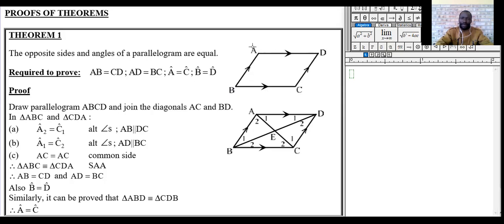Also, if AB equals DC, then they are also congruent, meaning they are equal in length. Now, we may be required to prove this, to show that this is true. In the event that we are required to show that this is true, we follow some steps to lead to the conclusion.